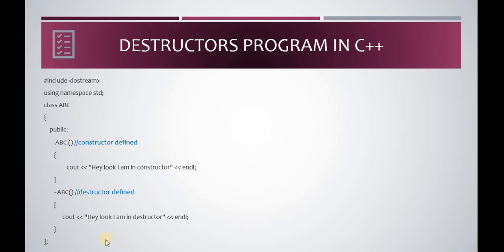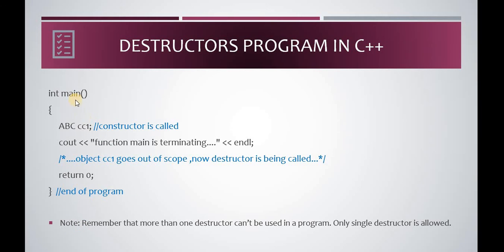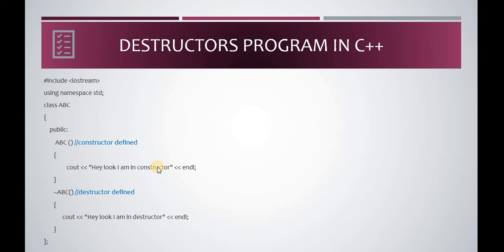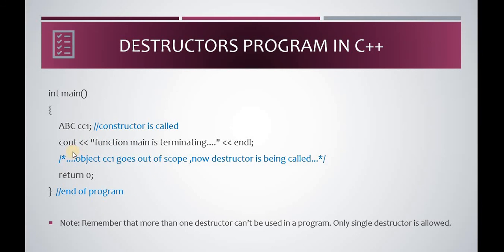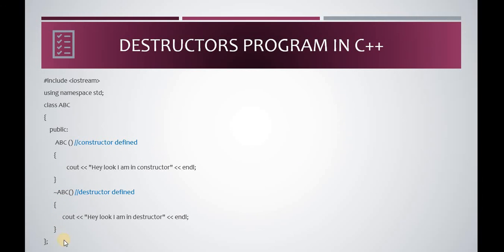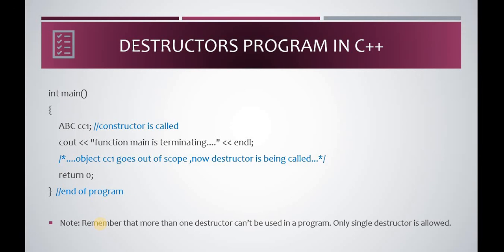Here is the program to understand the destructor more. We have created one constructor and then a destructor. When we create this object, it automatically calls the constructor. Then when the program goes out of scope, this destructor automatically gets called.